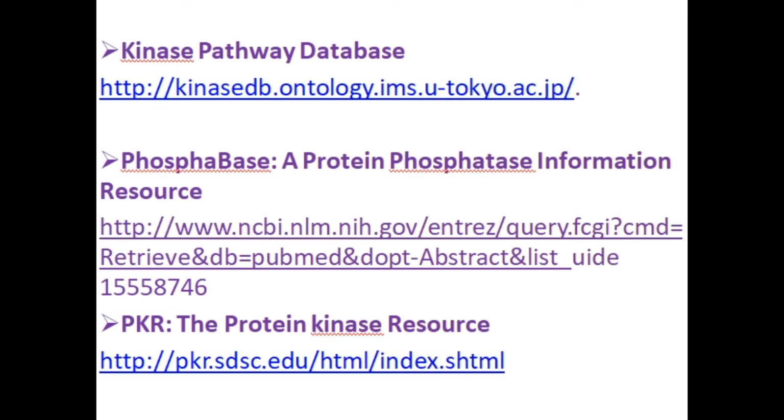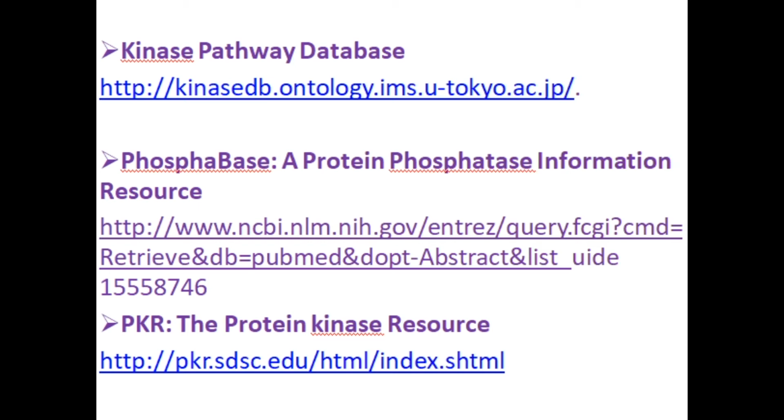This database contains information about the classification of protein kinases and their functional conservation, protein-protein interaction, protein-gene interaction, protein and compound interaction, domain information and structural information.